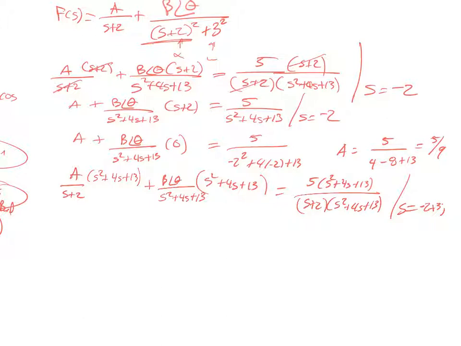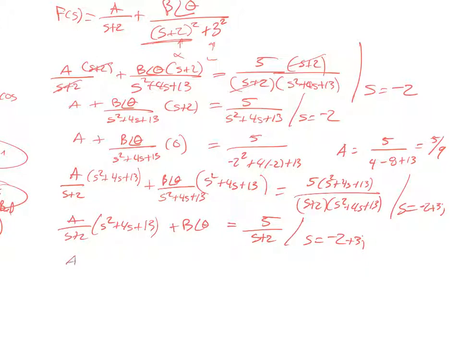So let's multiply stuff out where I can. So this is A times s plus 2, times s squared plus 4s plus 13, plus B at an angle of theta equals 5 over s plus 2, evaluated at negative 2 plus 3j. What happens to this term right here when I evaluate it at negative 2 plus 3j?